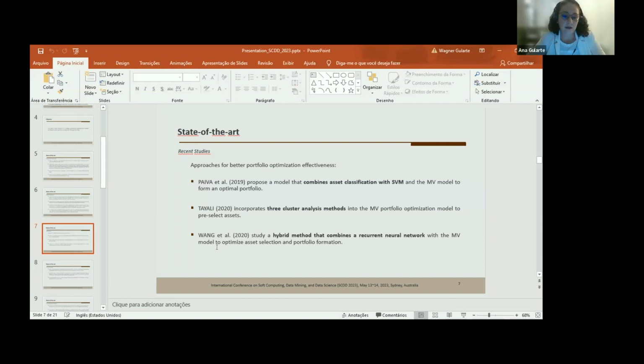Tayali incorporates three cluster analysis methods into the mean-variance portfolio optimization model to preselect assets. Wang studies a hybrid method that combines a recurrent neural network with the mean-variance model to optimize asset selection and portfolio formation.